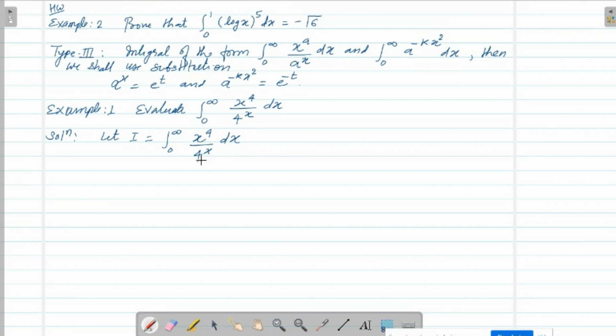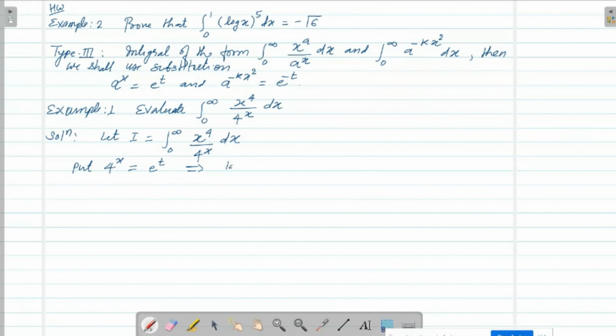Here a is 4, so putting 4 raised to x equal to e raised to t. Now see here, we want x below. We cannot differentiate this directly, so first we take log on both sides.